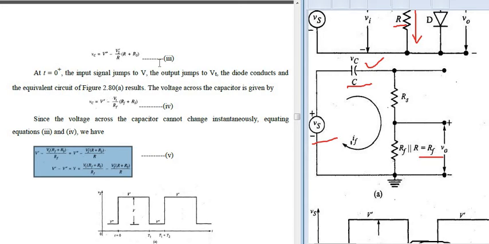Only this part you are considering. So what is the overall voltage that you have got? V1 minus V dash minus V double dash, that is equal to V, the total voltage, which will be equal to V1 into RF plus Rs divided by RF minus V2 dash into R plus Rs divided by R.